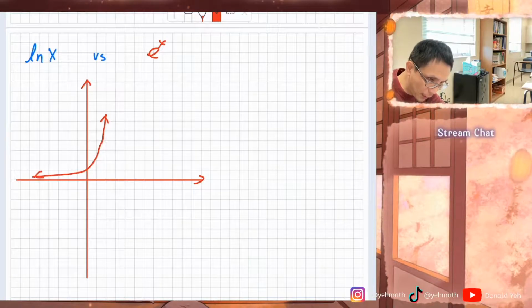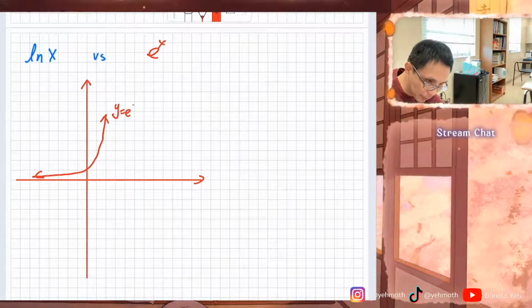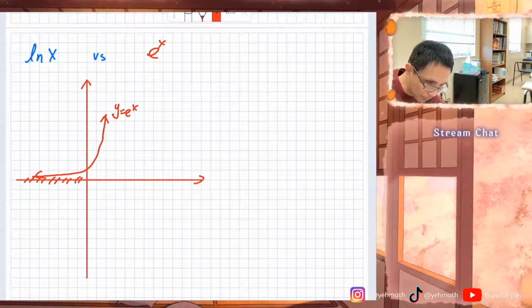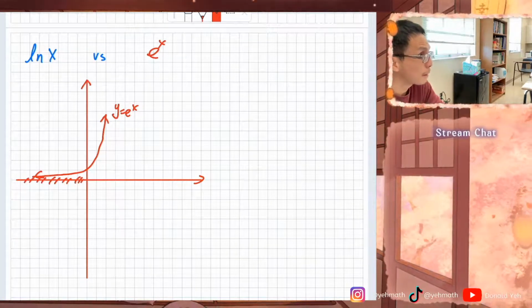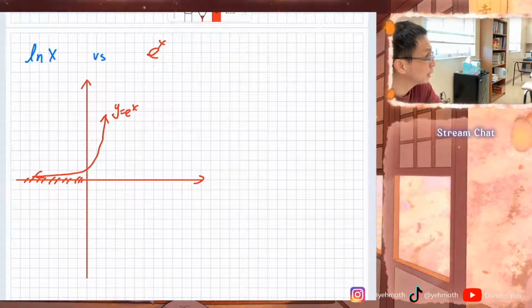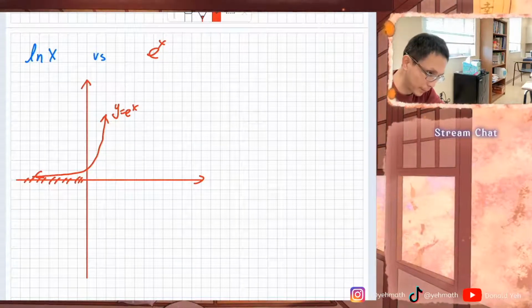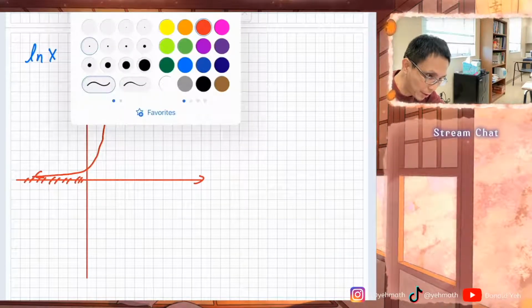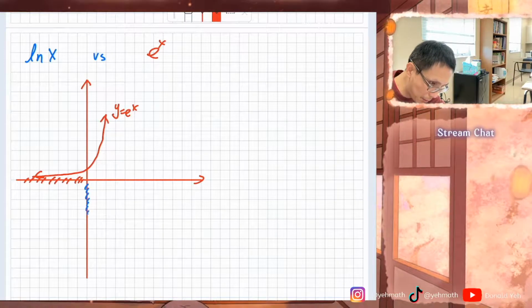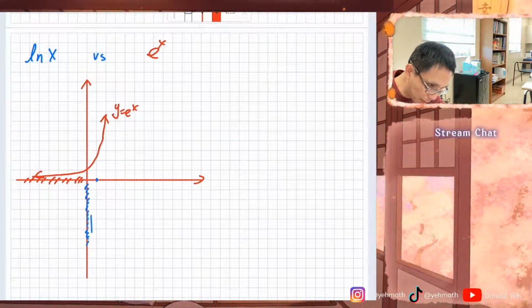But this is the e to the x graph. There is an asymptote on this side. You have to know this graph very, very deeply. Also, another graph you need to know is the natural log, and there's an asymptote here because they are inverses of each other.